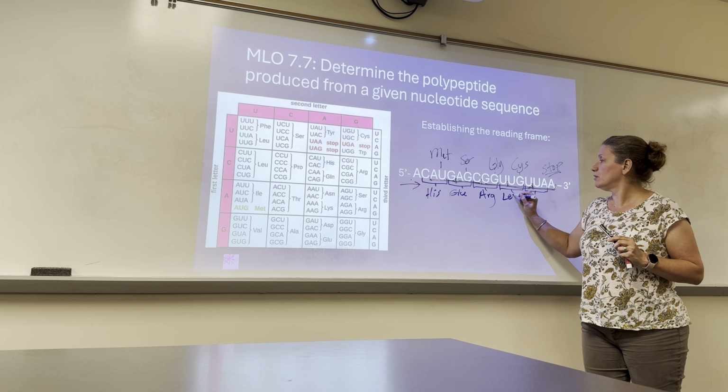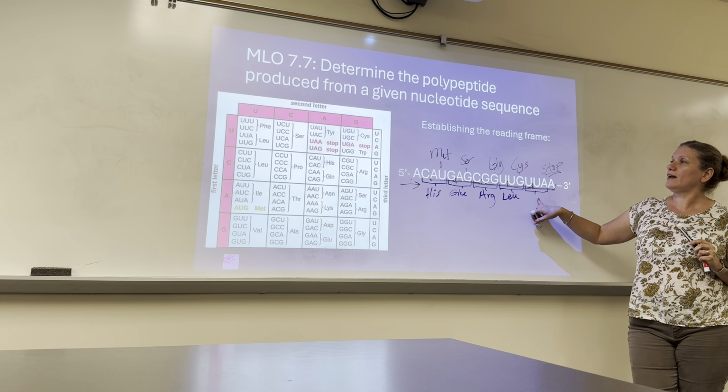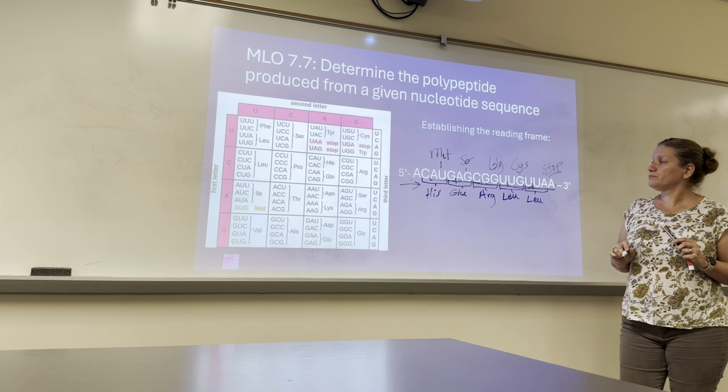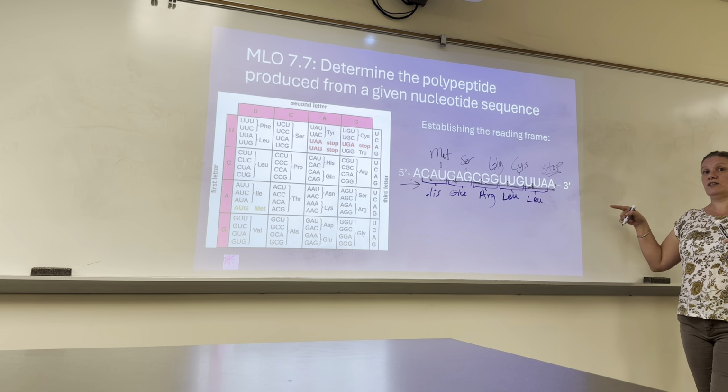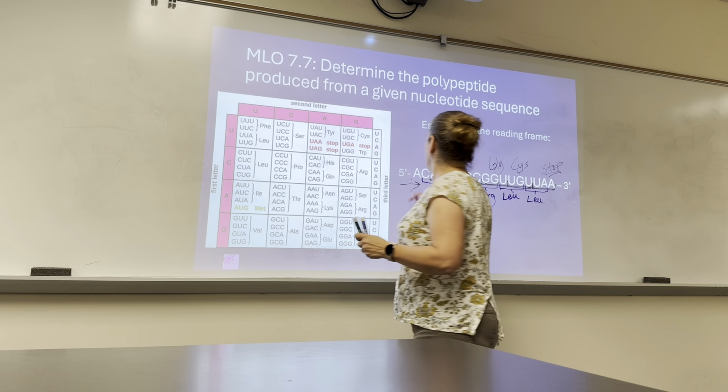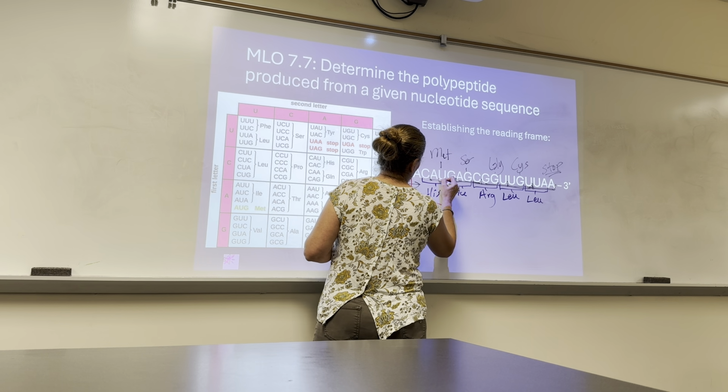UUG is leucine, and UUA, also the same, right? So the amino acid sequence is different. But that was if we started there. What if we had started here?